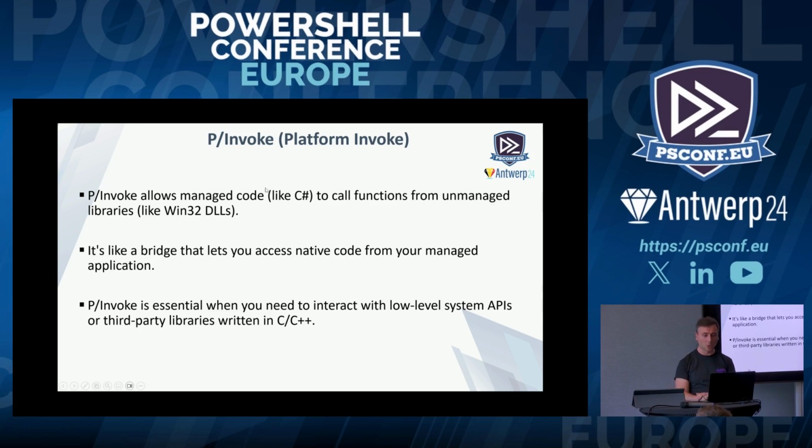It allows managed code to call functions from unmanaged libraries. So from C#, we'll be able to call our Win32 DLLs. Oh no, just one slide. Sorry, I thought I had a slide from Copilot asked in simple language. All right, so that's something we're going to use in this session.